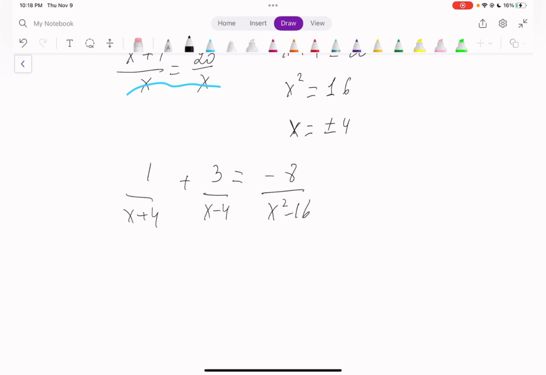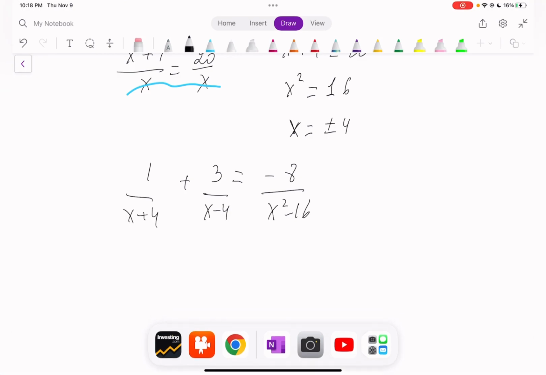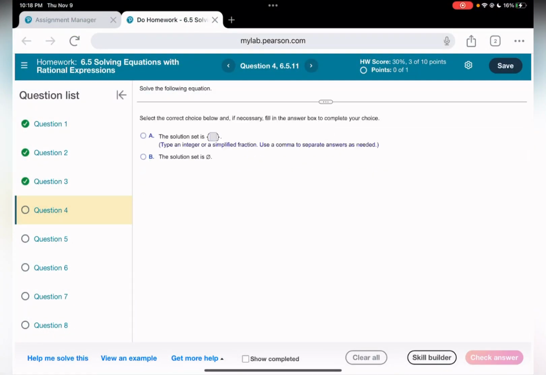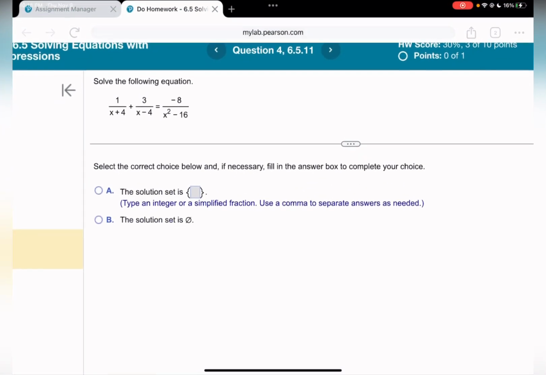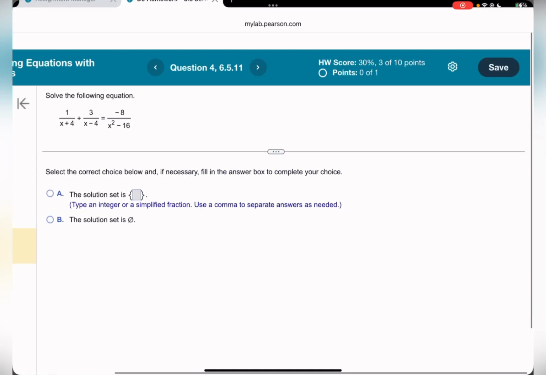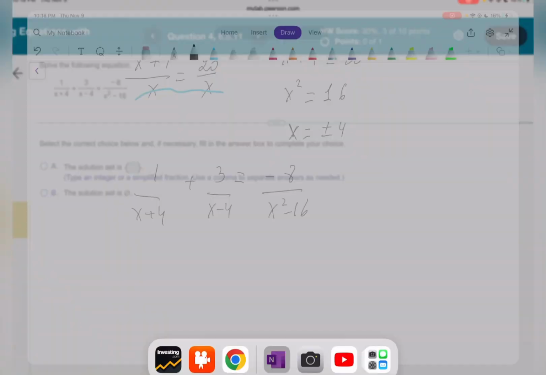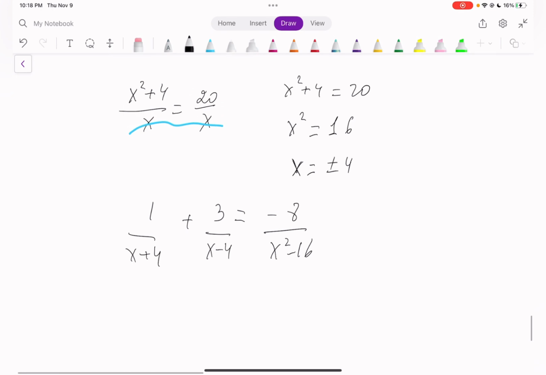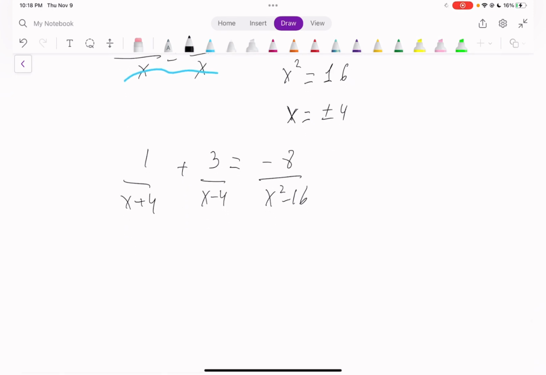Let me check the order of x plus 4, x minus 4, plus and minus. All right. Okay. So x squared minus 16, what is it? a squared minus b squared, right, is equal to x minus 4 times x plus 4. So we have both pieces here, right?